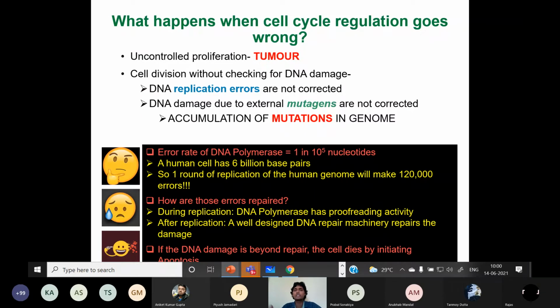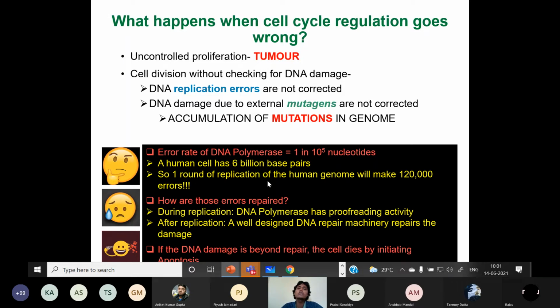I'm not distinguishing them. So that is cell division without checking for DNA damage. DNA replication errors are not corrected, or DNA damage due to external mutagens is not corrected. Both can happen. During replication some error happens, or we are exposed to some radiation or chemicals that, not during replication, mutate some of our nucleotides and cause problems in our nucleic acid sequence. Those are also mutations.